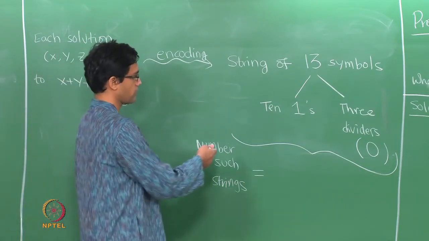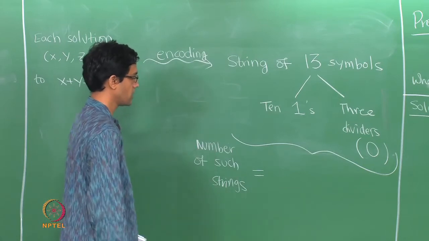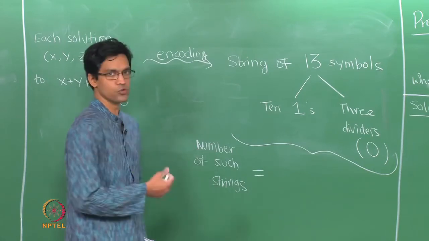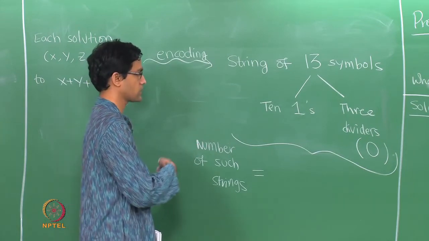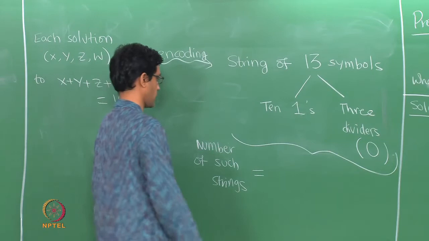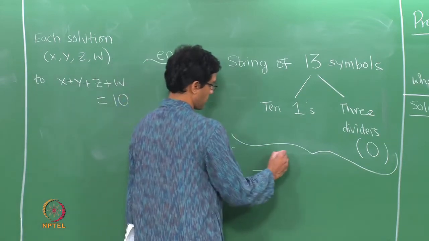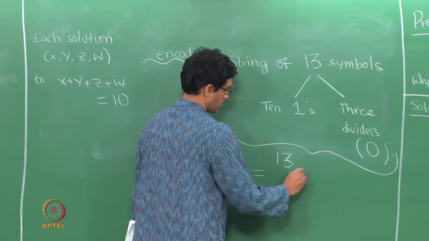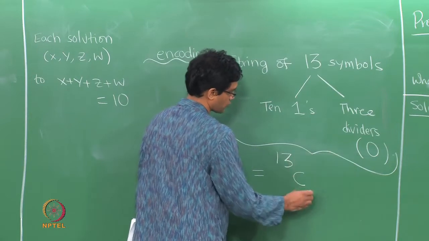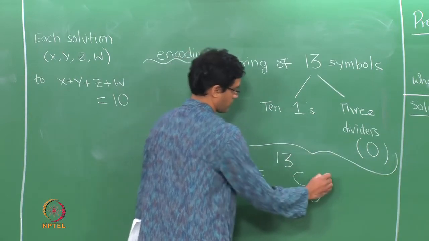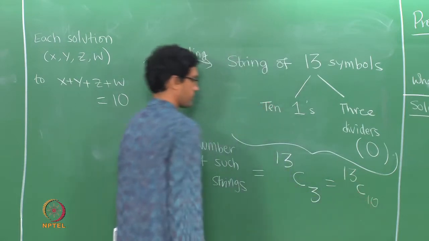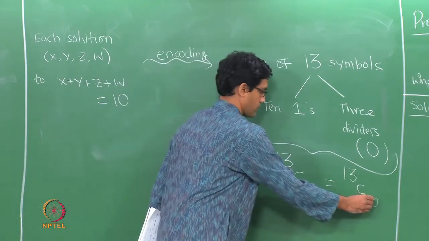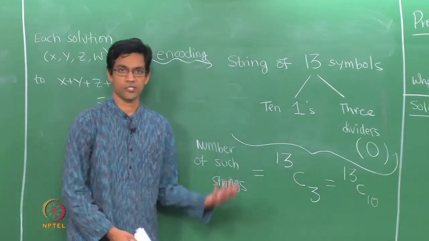Now this is similar. We have a string of 13 symbols and you only need to choose the positions where either the 10 1s occur, or the 3 zeros occur. So the number of such strings is nothing but 13 choose 3, or 13 choose 10, which are of course both the same. Okay, so that's a solution to the problem.